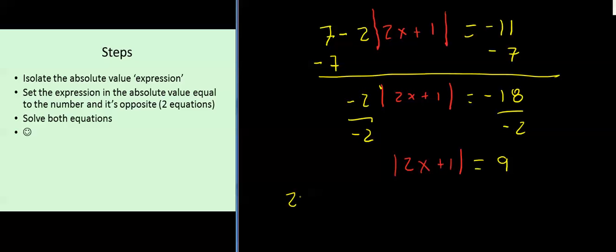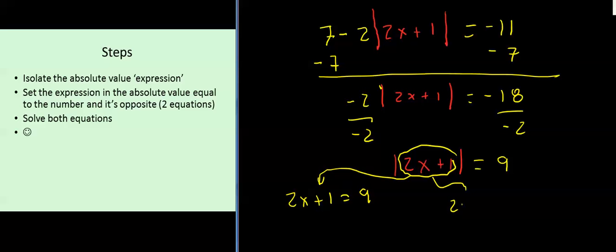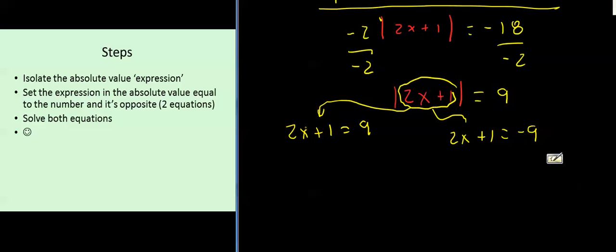So I have 2x plus 1, what's inside the absolute value, set equal to my number, which is 9, and what's inside the absolute value, 2x plus 1, set equal to -9. And then I solve. I solve both equations. Subtract 1, and I can do this actually all the way across, but I won't. 2x equals 8.